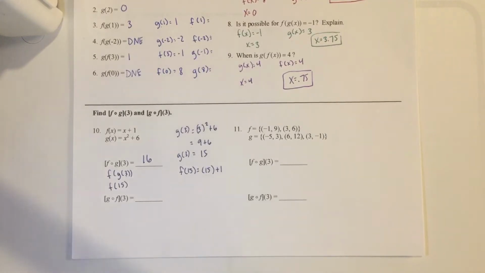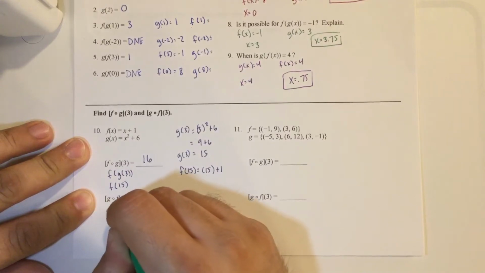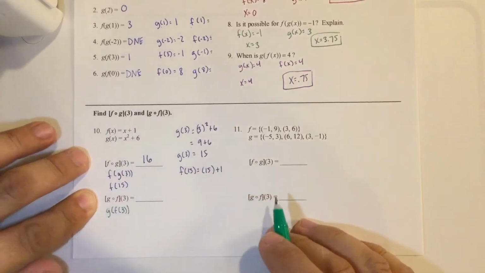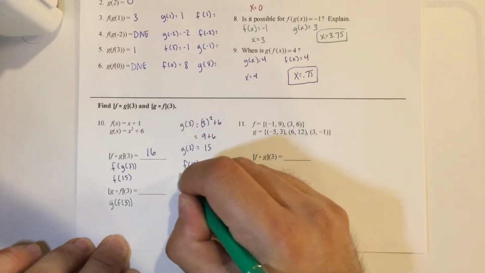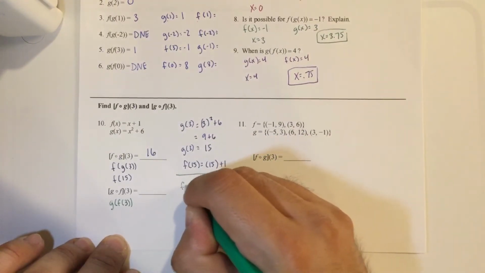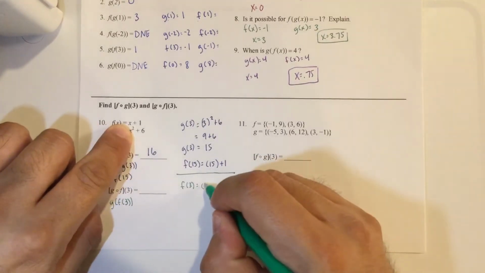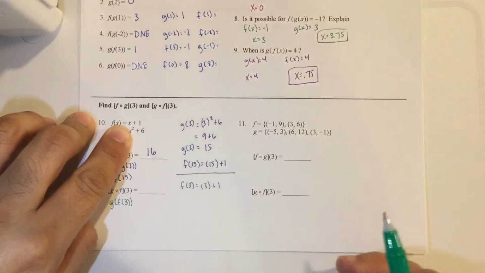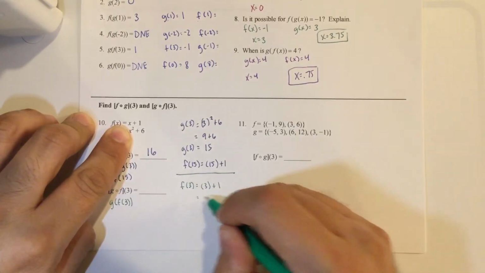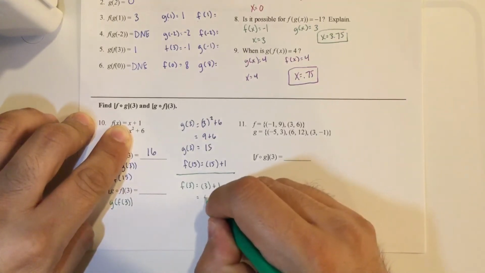All right, for the next one, g o f of 3 is read as g of f of 3. So now we start from the inside, f of 3. We go to the f function, so it's 3 plus 1. Once again, you're going to always see me put parentheses when I substitute for x. This one, it's not necessary. I know that there's nothing multiplying or raised to some exponent, so 3 plus 1 is 4.